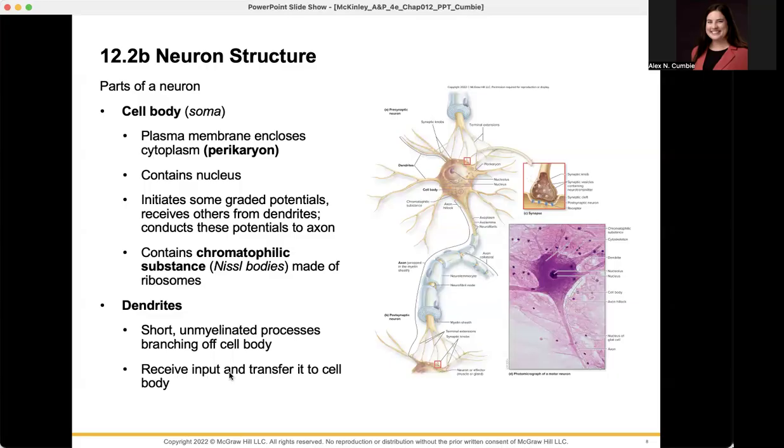They receive input and transfer it to the cell body. So these branches, all they can do is receive information, stimuli, and then they send those signals to the cell body for processing. So those are dendrites. The root word dendro means tree. So dendrites kind of look like tree branches coming off of the cell body.